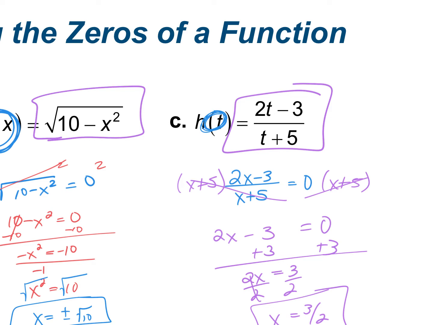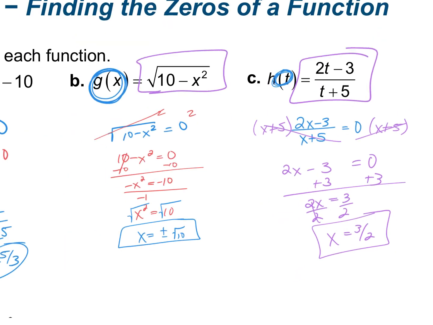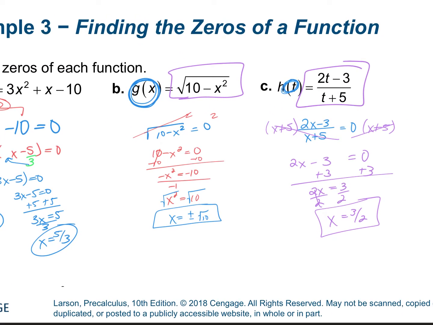It's the intercept. It's where it's going to cross the x-axis. Your solutions, your roots, your zeros, your x-intercepts are all interchangeable. It's where, when you graph it, the graph will cross or touch the x-axis. Questions? Little mini finding the zeros lesson, okay?